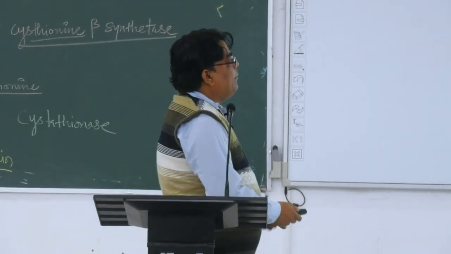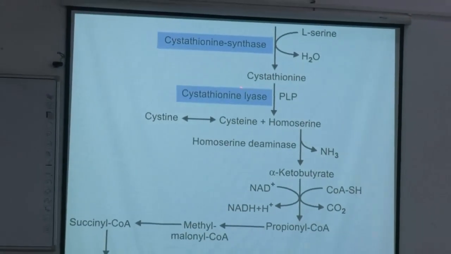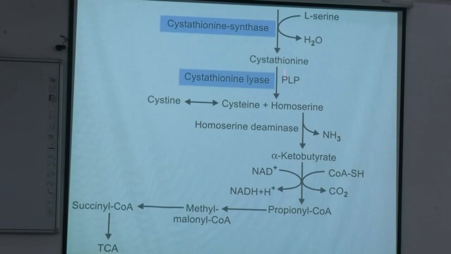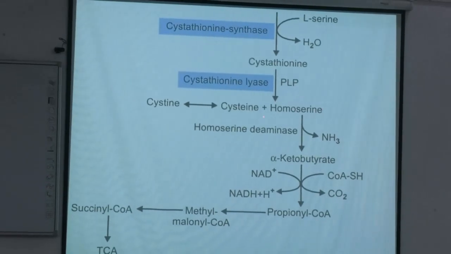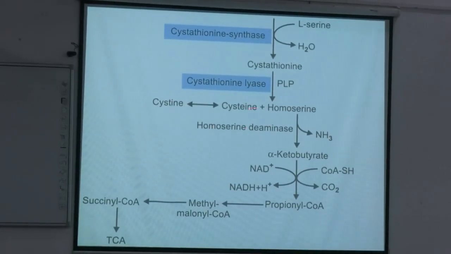Now let us look at the slide. When it combines with serine it forms cystathionine, and this cystathionine combined with homoserine forms cysteine. After this reaction, homoserine is deaminated to form alpha-ketobutyrate, propionyl CoA, methylmalonyl CoA, succinyl CoA, and directly TCA.